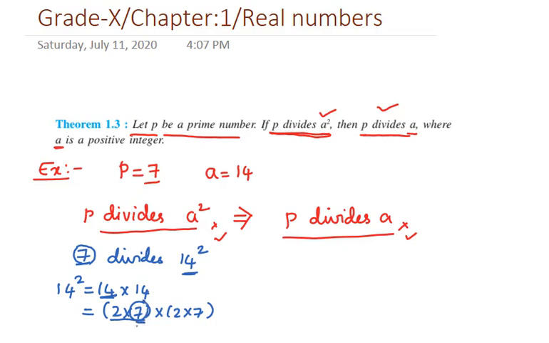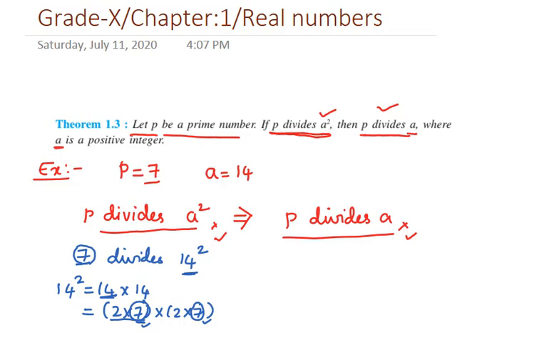Not only in the first factorization, in the second factorization also we can see 7. So if 7 divides 14 square, what is the meaning? It means 14 square is exactly divisible by 7. Both statements are the same: 14 square is exactly divisible by 7, or 7 divides 14 square.